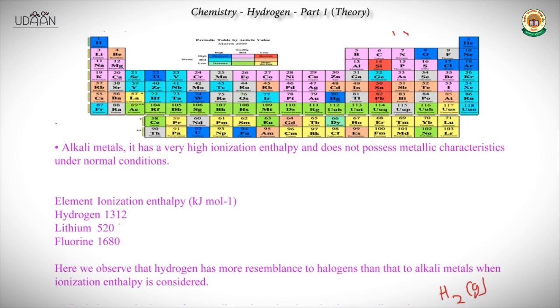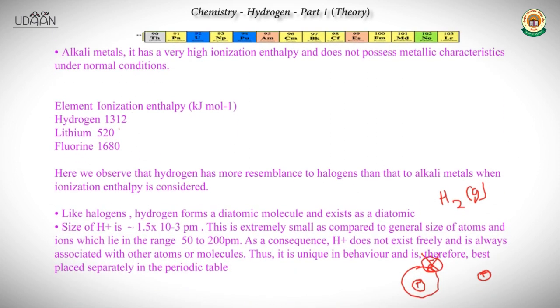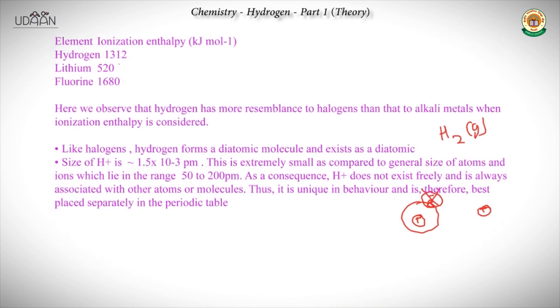Then we saw with some experimental data that hydrogen's ionization enthalpy is very high, near that of fluorine, but for alkali metals the ionization enthalpy is less, which contradicts saying that it behaves completely like alkali metals. Then we saw that a single hydrogen without an electron, H plus, is very small, and because of this it cannot exist freely, and in nature it exists as H2 gas.